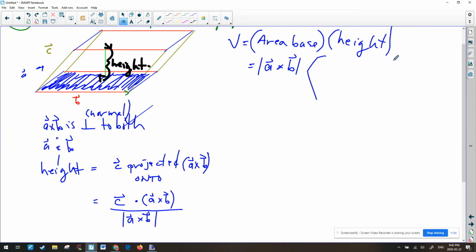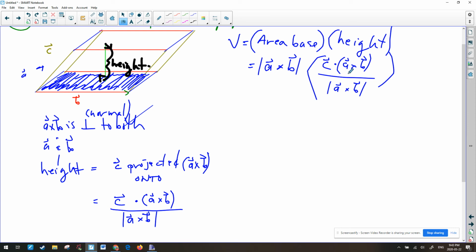So we can go back up here and say, ha, there is the height. The height is C dotted with A crossed with B, and I'm going to put those in brackets, divided by the magnitude of A crossed with B. Now, just a good thought exercise: why did I immediately jump into saying I have to put brackets around these?